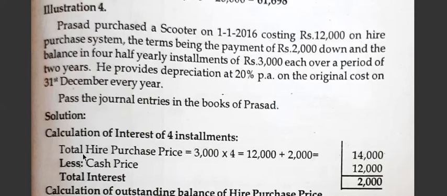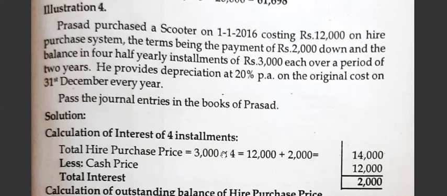First we have to go for the total hire purchase price. What is the total hire purchase price? Now 3,000 is paid every half year and it is paid 4 times. So 3,000 into 4, you will get 12,000. 12,000 plus 2,000 down payment, so you will get 14,000 as the hire purchase price.